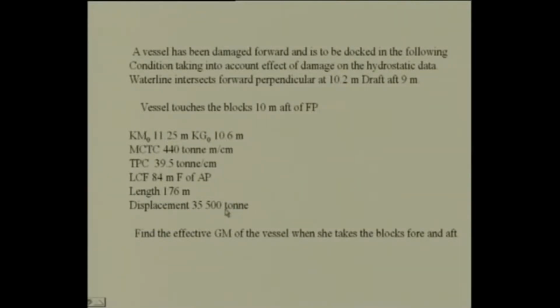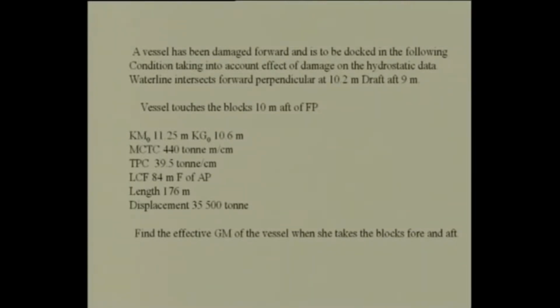Now, you are asked the final GM when the ship hits. As you can see, the only difference in this problem, I am pretty sure you would have done this even if I hadn't, because that is the only change.